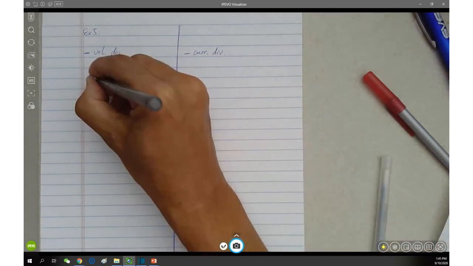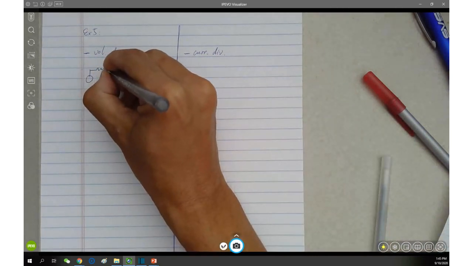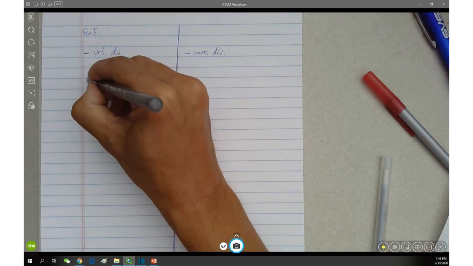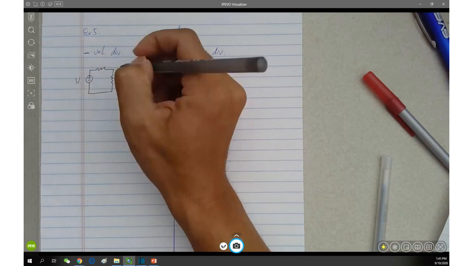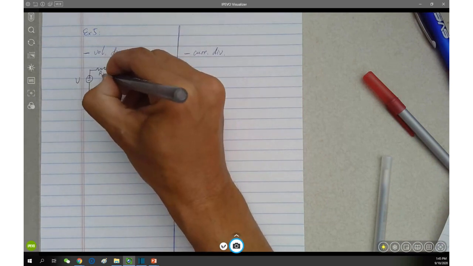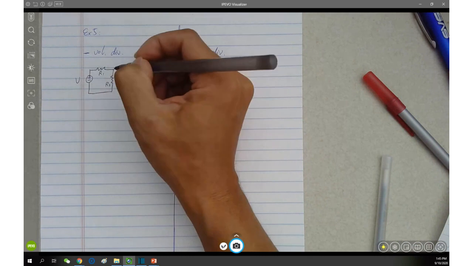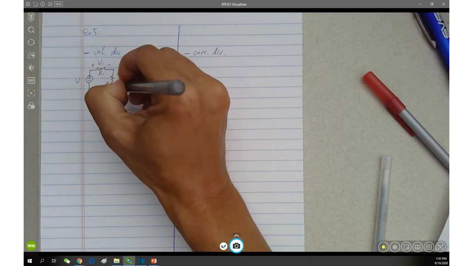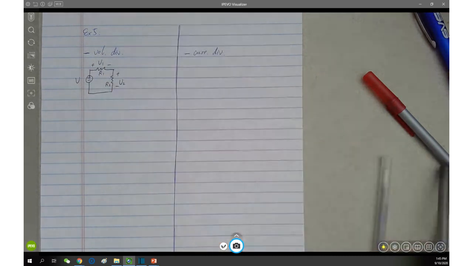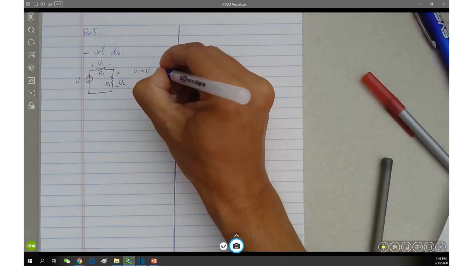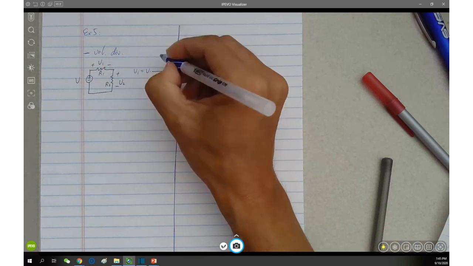So the first circuit is as simple as this. Total voltage source V with R1, R2 series connected. And if you're looking for V1 and V2, what are they? V1 is as easy as total voltage times what?